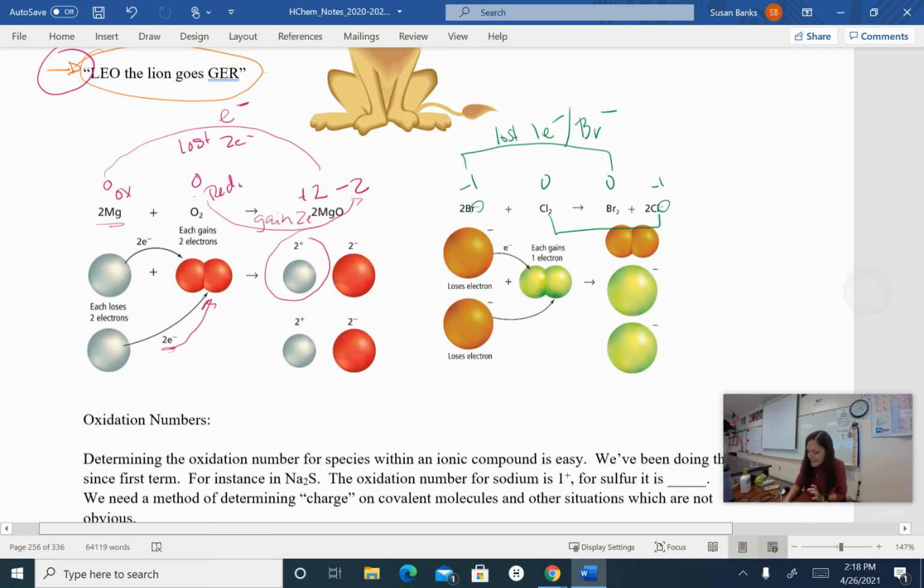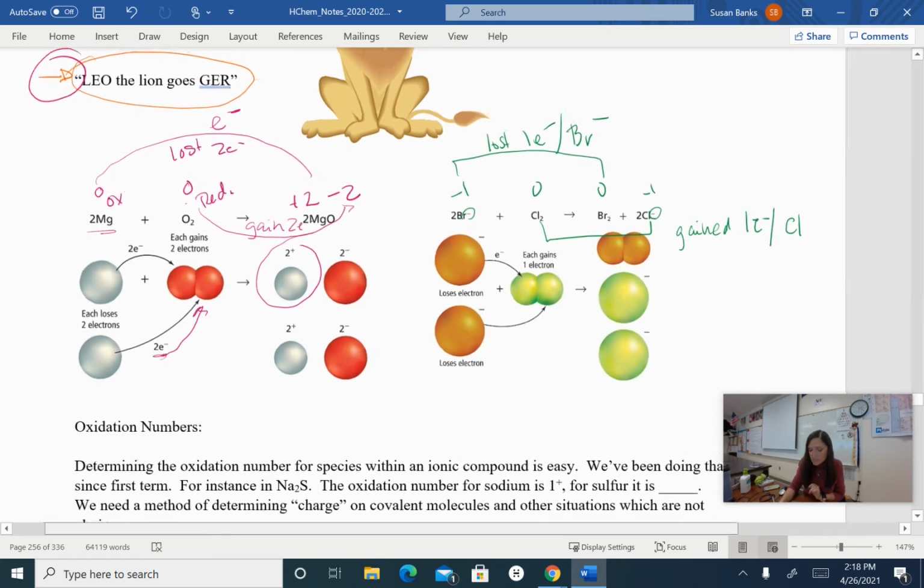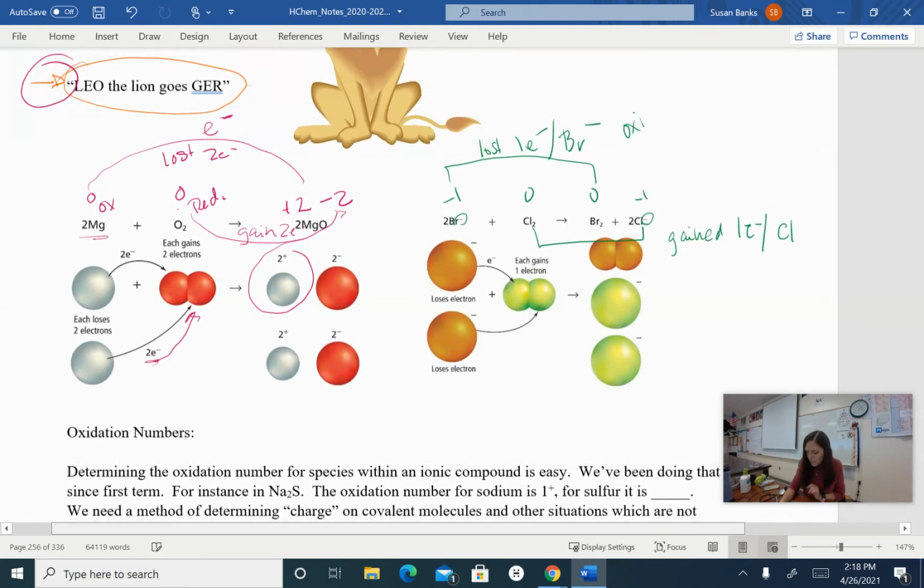So I've gained 1 electron per chlorine atom. Okay? So losing electrons is Leo goes grr, right? So losing electrons is oxidation. So the bromide ion was oxidized to make bromine, and chlorine was reduced to make chloride.